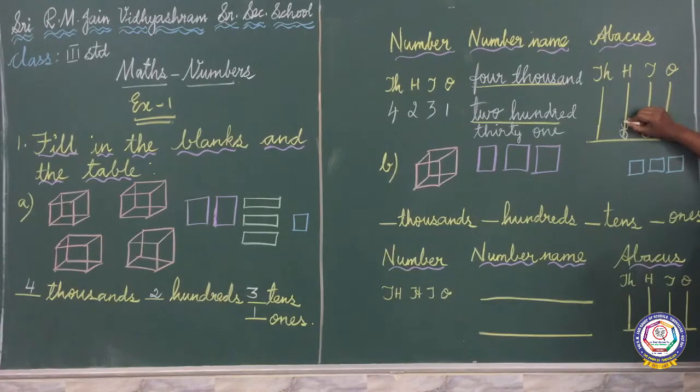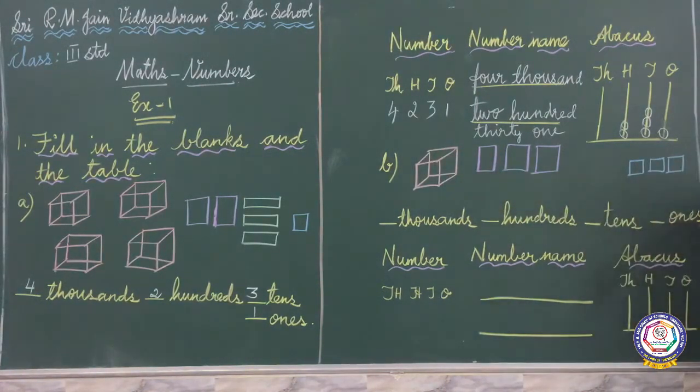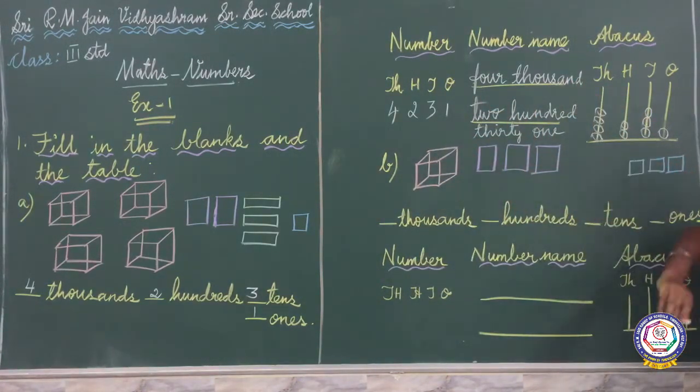Next, how many thousands are there? 4. So you draw 4 beads. So you are going to write the number as well as the number name. Then you are going to show the numbers in the abacus.